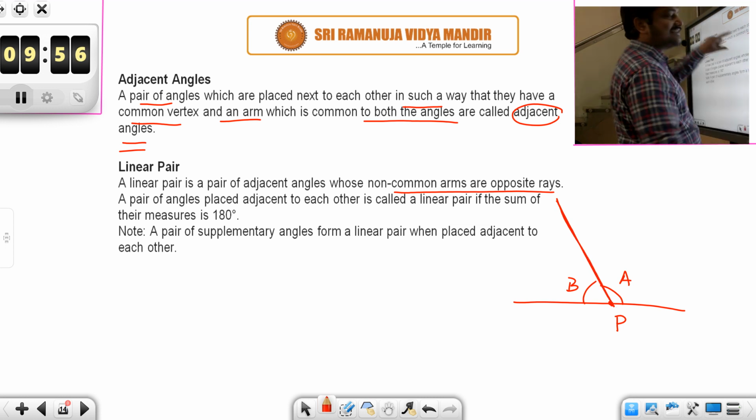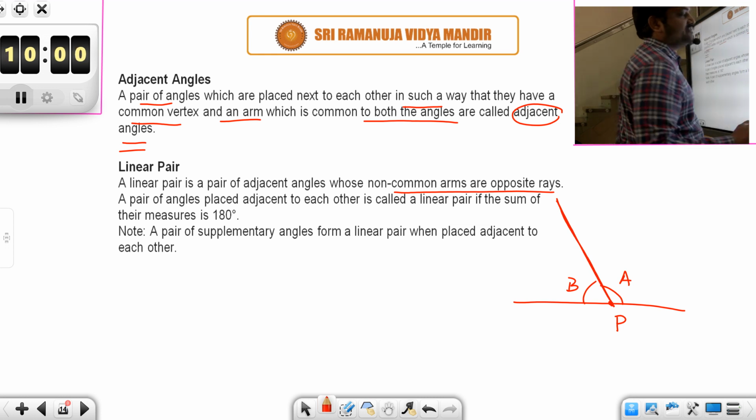So this is satisfying the definition of adjacent angles. So A and B we can call them adjacent angles.